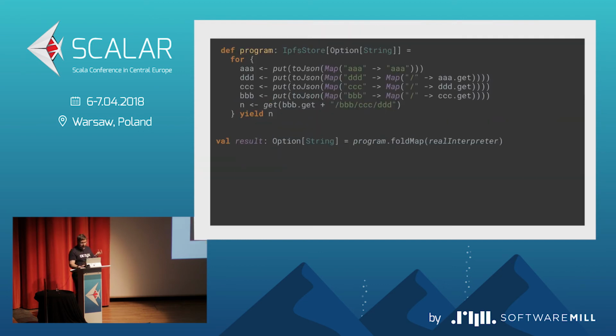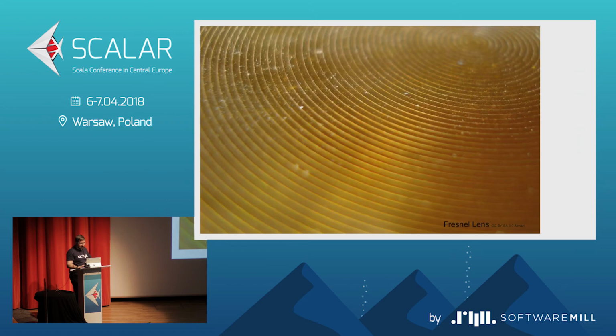What we basically need here is to run a sequence of operations. Take an object, wrap it in a JSON containing a slash and a reference to the hash of it, and return a hash. And then take this hash, wrap it up in a JSON containing a slash, and return the hash of it. And so on and so on, of course every time adding an element of the path. So this is basically our program.